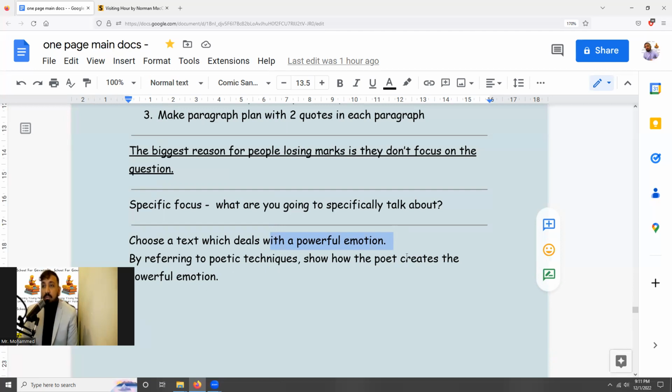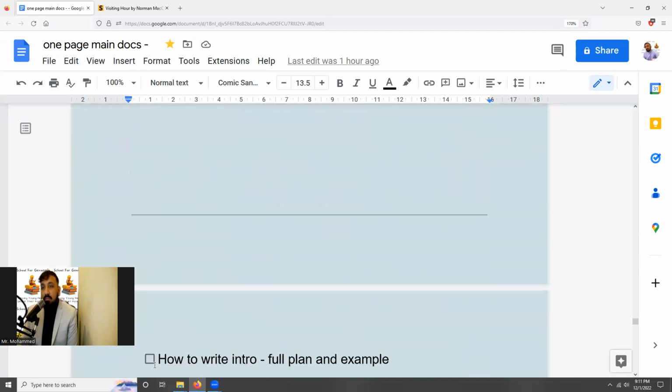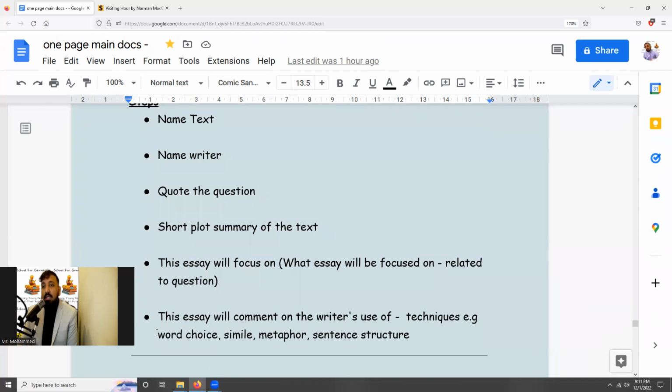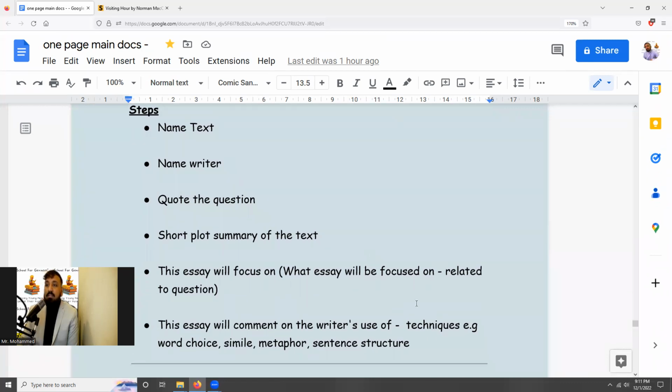For example, you would say Visiting Hour, name the text, by Norman McCaig, name the writer, is a text which deals with a powerful emotion. So you just quote the question word for word. And again, this is another way of making sure that your essay is focused on the question itself. Okay, so you quote the question.